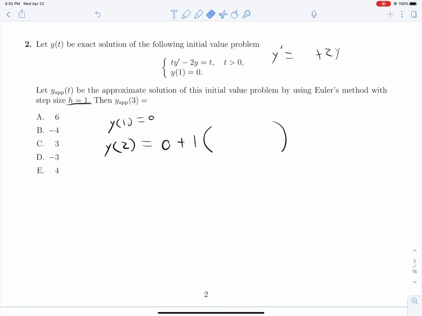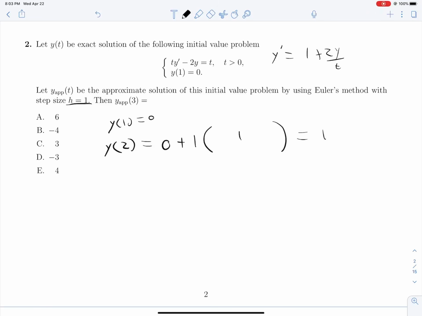We can divide that t out, get 1 and 2y over t right there. And that makes a little sense why we started with y at 1 instead of y at 0, so we don't divide by 0 here and create some issues. So we're evaluating this at 1, 0. That will give us 1 here.